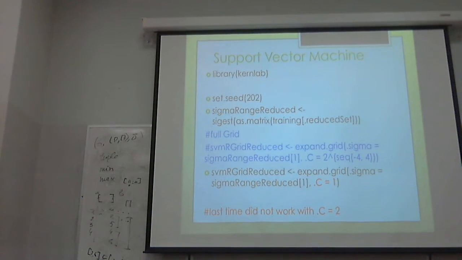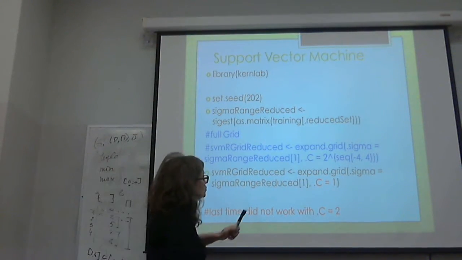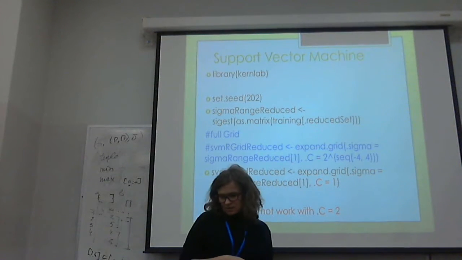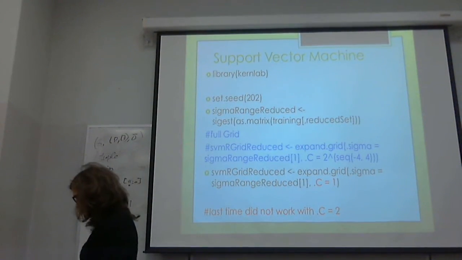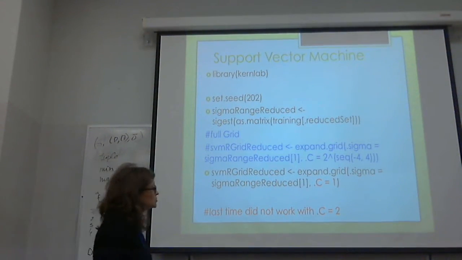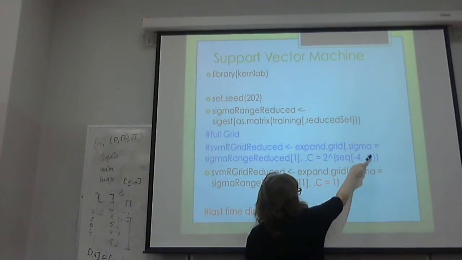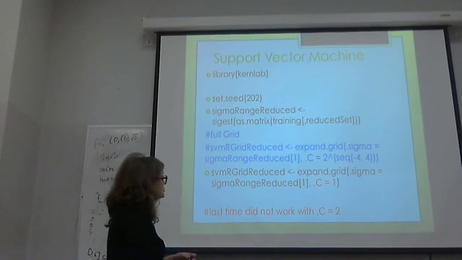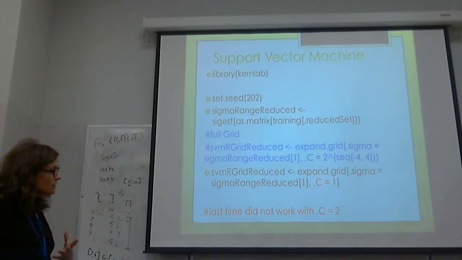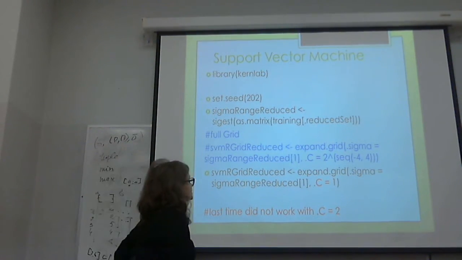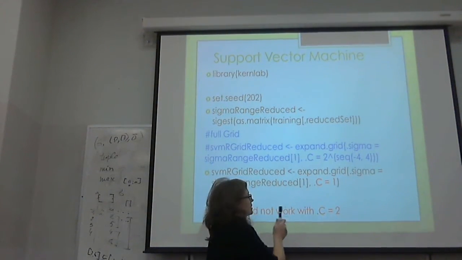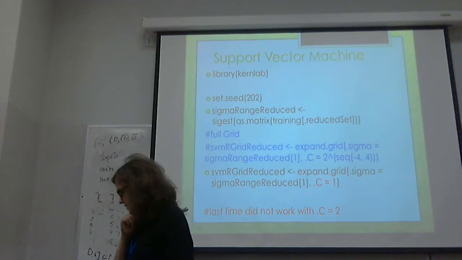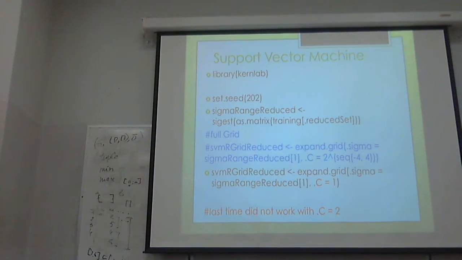The full grid was different values of the cost parameter. These are powers of 2, from -4 to 4, so there are 9 tuning parameters. I just looked up the best tuning parameter, C1, and that's why I just ran this model.